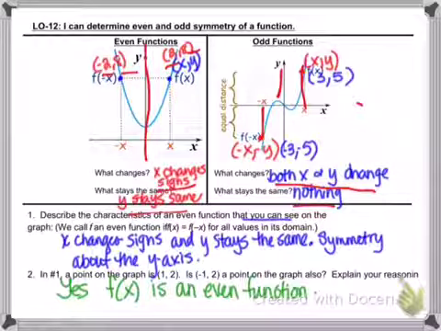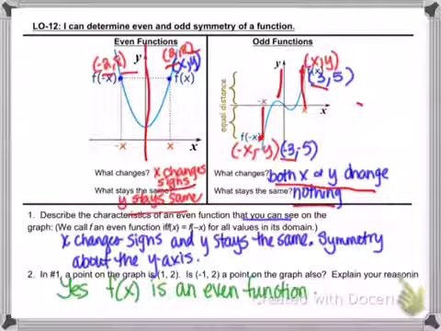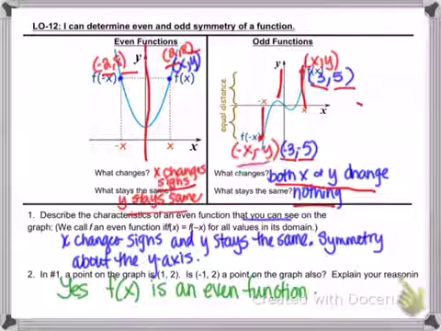What stays the same? Nothing. So they'll just be opposites. So the x is 3 on one side of the origin, then you'll have a point that's -3, so opposites of each other. 5 and -5, and the y values will be opposite of each other. So you see here, opposites.